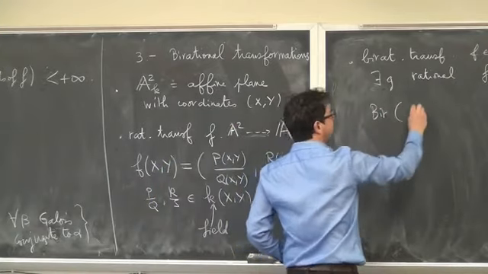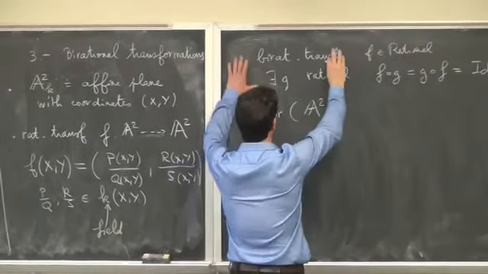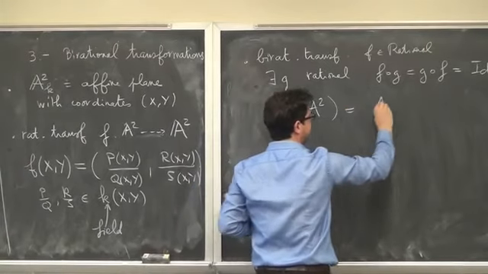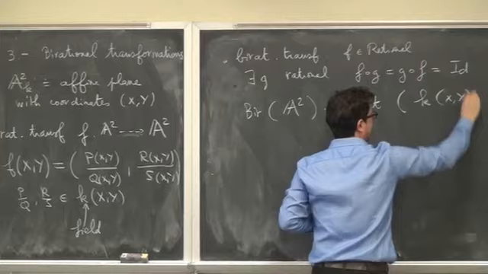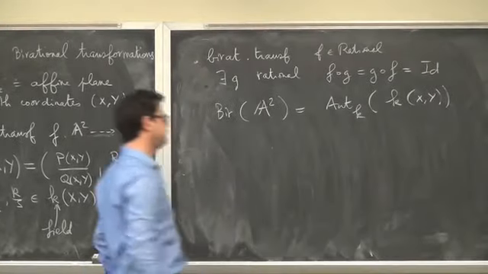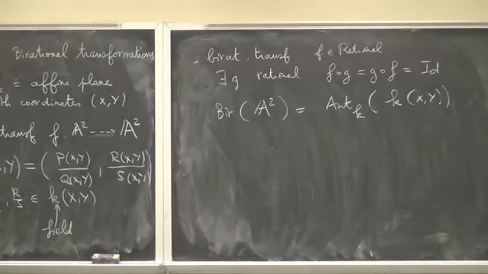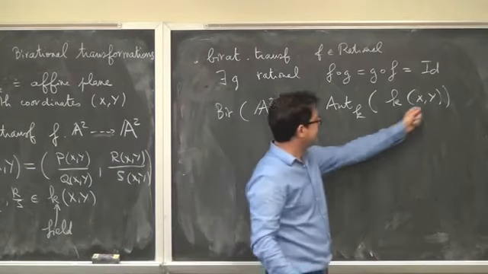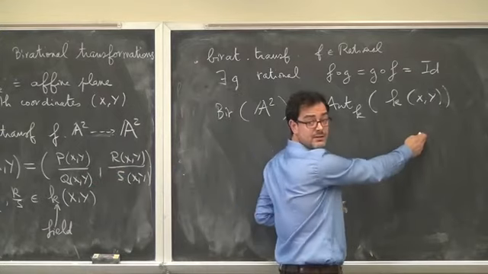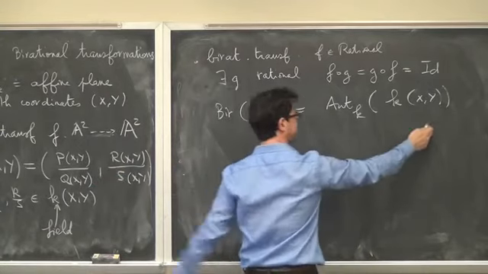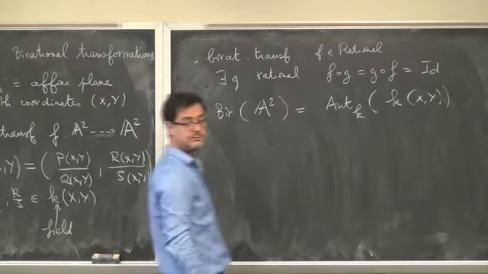So birational transformations of A2 defined like that correspond to automorphisms of the field k(x,y) fixing the ground field. P over Q is the image of x, and R over S is the image of the indeterminate y.